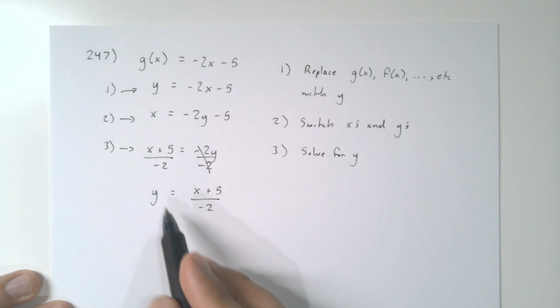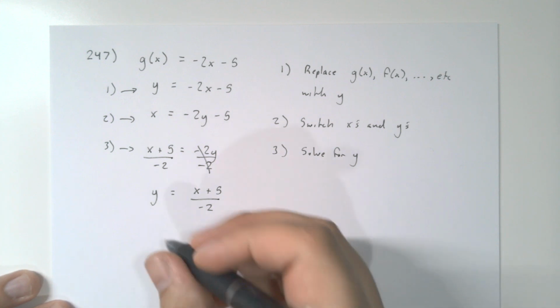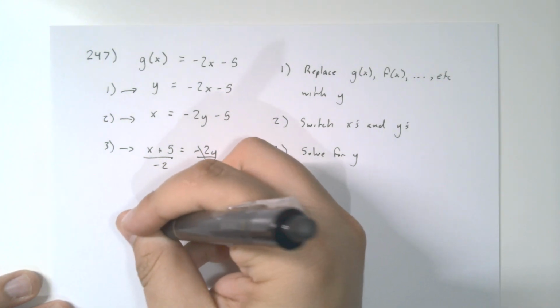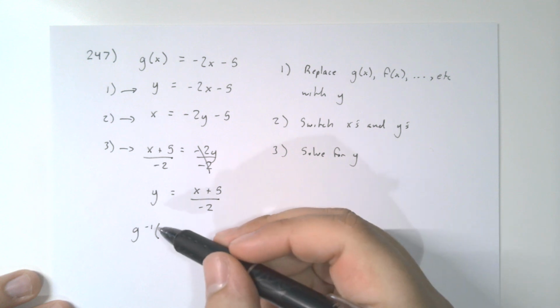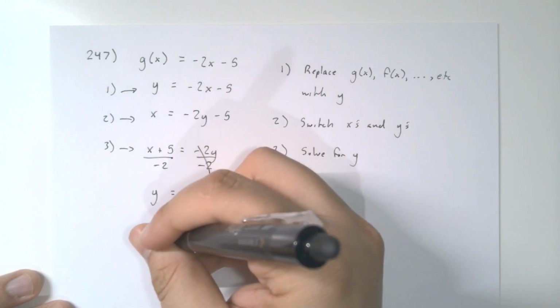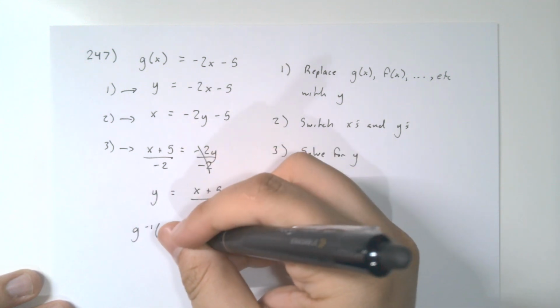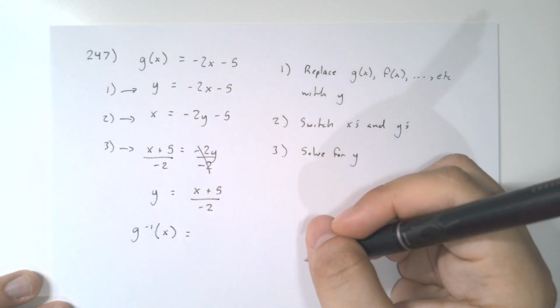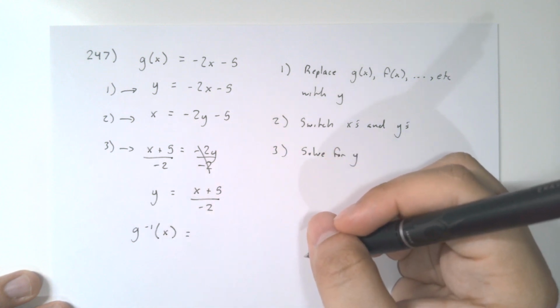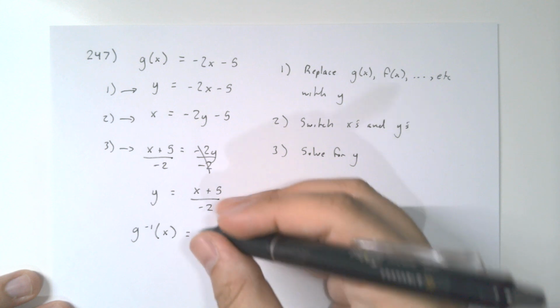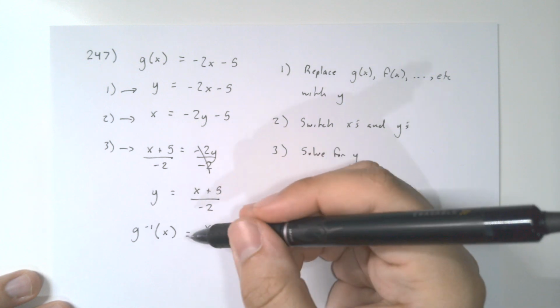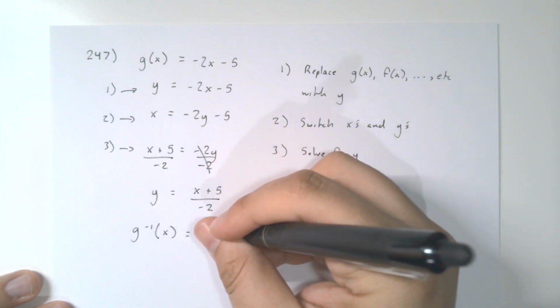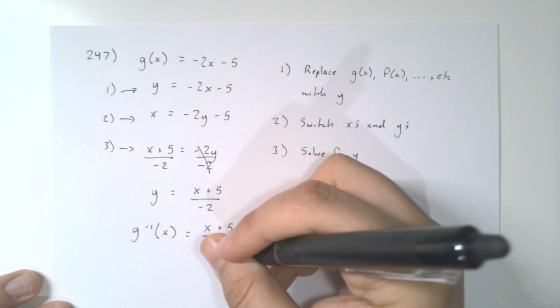So this right here is now your inverse function. Remember, we denote that with this little symbol that looks like an exponent of negative 1. It is not. As explained in the last video, it's just kind of a notation thing. But we have the inverse of g of x is equal to x plus 5 divided by negative 2.